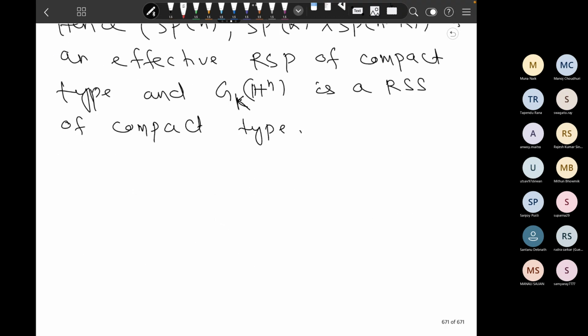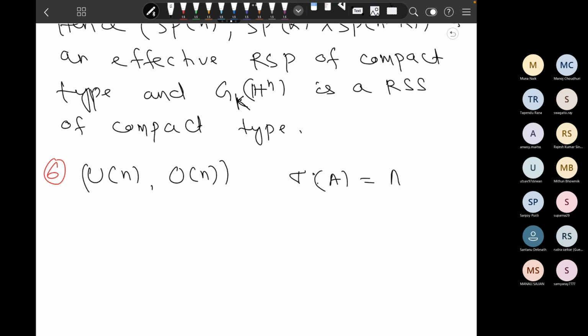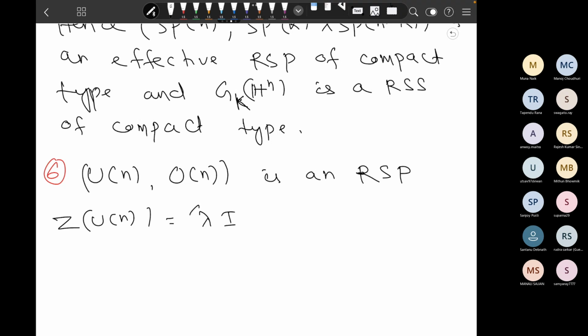So 6, let us see. 6 is also interesting. UN, ON. I have told you that UN ON is a Riemannian symmetric pair. If you have followed, what was the involution here? Sigma A is equal to A bar. Now Z of UN is really lambda I, so the mod lambda is equal to 1.